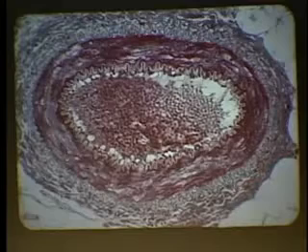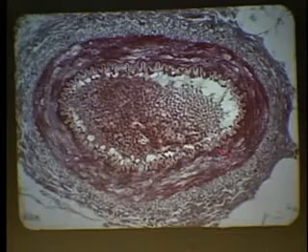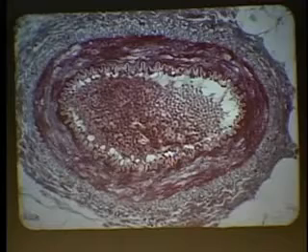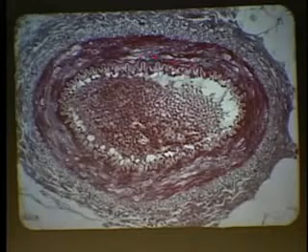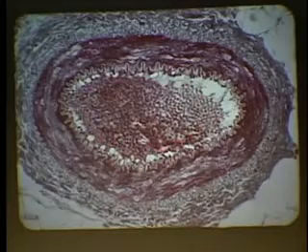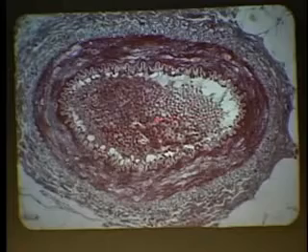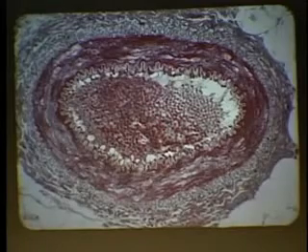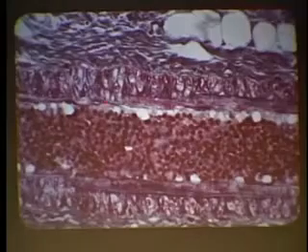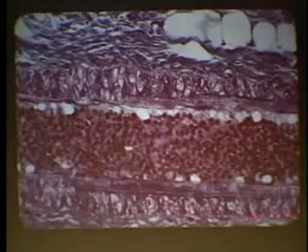Very clear differentiation between connective tissue, smooth muscle, internal elastic membrane, endothelium, and the lumen, in this case, is filled with blood. You wonder how they got that tissue. Why is there blood after death? Who knows?